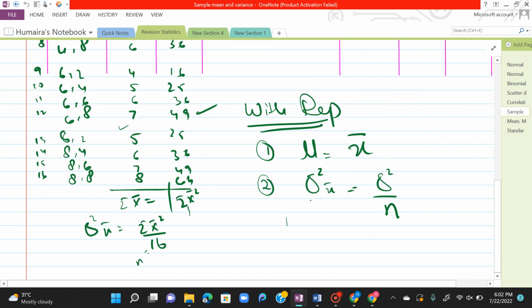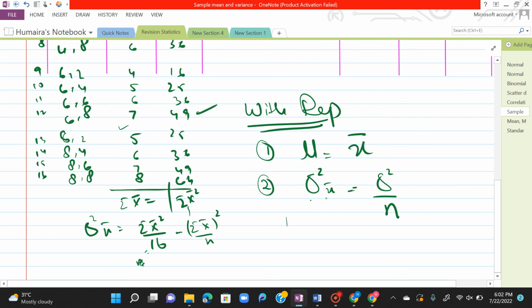This small n I am using as the sample size, so I am writing the total number of values minus summation x bar, whole square. Summation x square upon N minus summation x upon N, whole square. So when you plug in these values you will get this value.